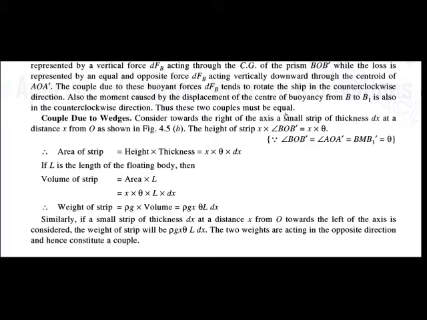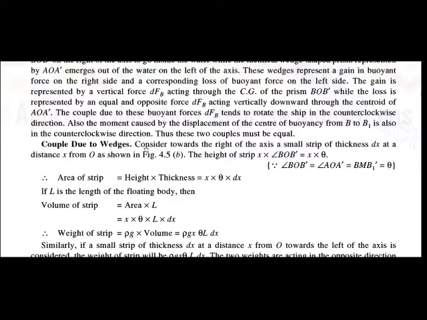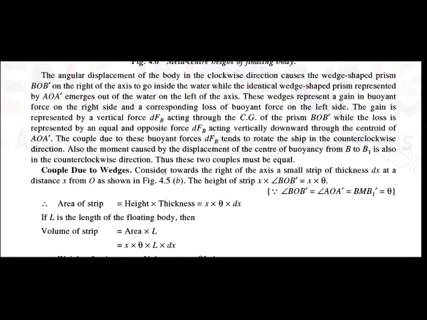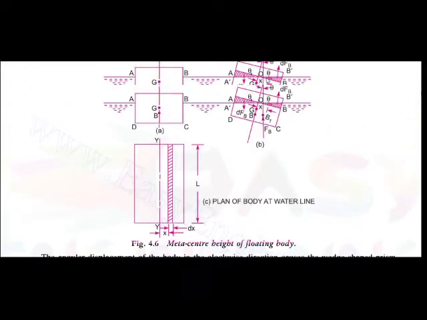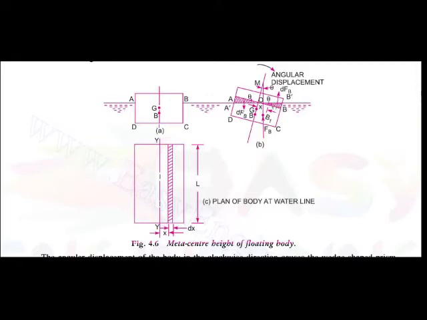So first we will calculate the couple due to the wedges. Then consider towards the right side of the axis a small strip of thickness dx at a distance x from the O. Here in the prism BOB dash we have considered a small strip whose thickness is dx.